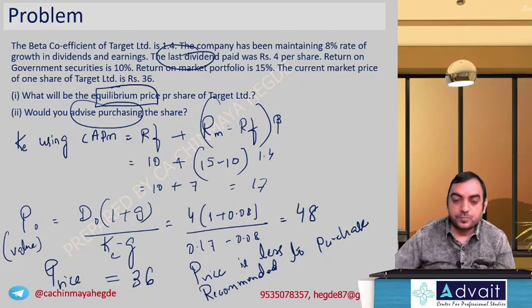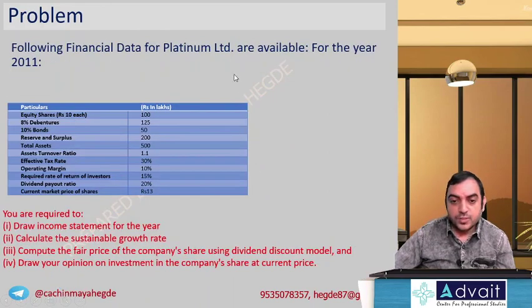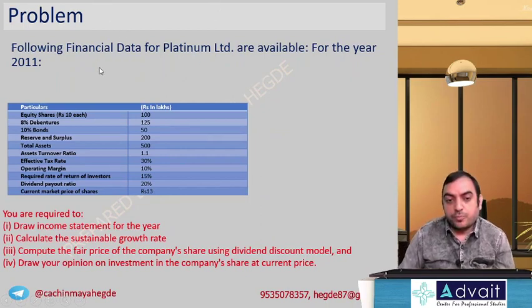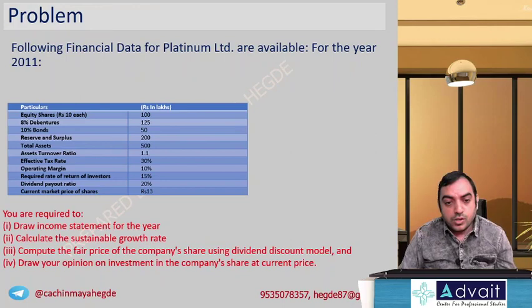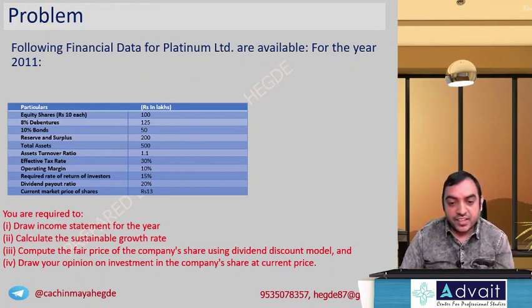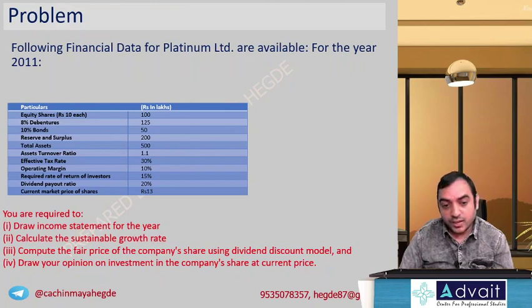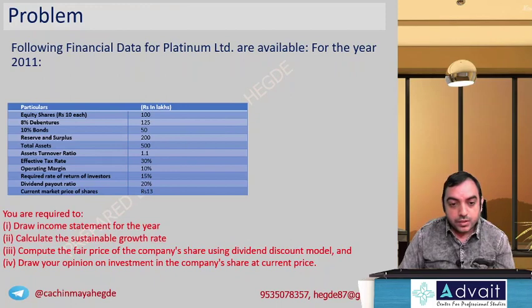Let's go further. Come to this problem. Following are the financial data of Platinum Limited available for the year 2011: equity share, debenture, bonds, reserves and surplus, total assets, asset turnover ratio, effective tax rate, operating margin, required rate of return, dividend payout ratio, current market price per share.